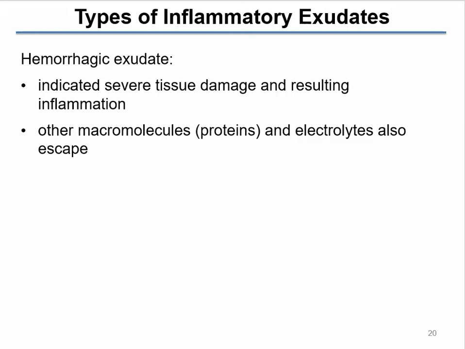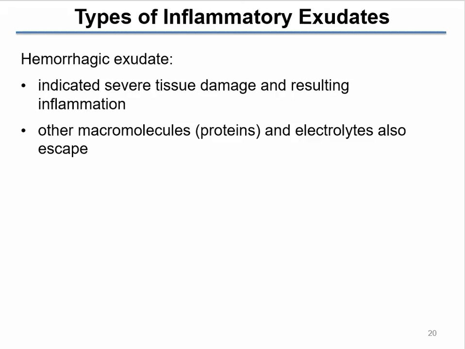There's something called hemorrhagic exudate, and hemorrhagic exudate is really bleeding into the tissue. So the blood itself leaves the blood vessels and ends up in the tissue. So we get this when we have severe damage and a lot of inflammation.